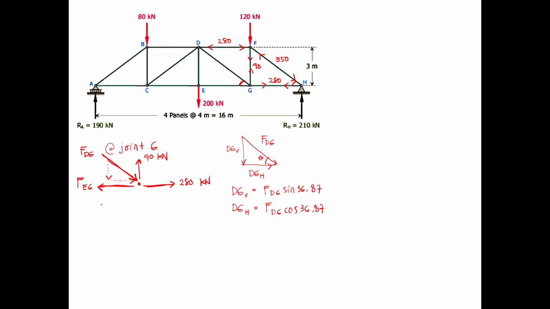Okay, so summation of forces horizontal is equal to 0. So going to the right is FDG horizontal, and then plus 280 kilonewtons, and then minus one force going to the left, which is force EG, is equal to 0.